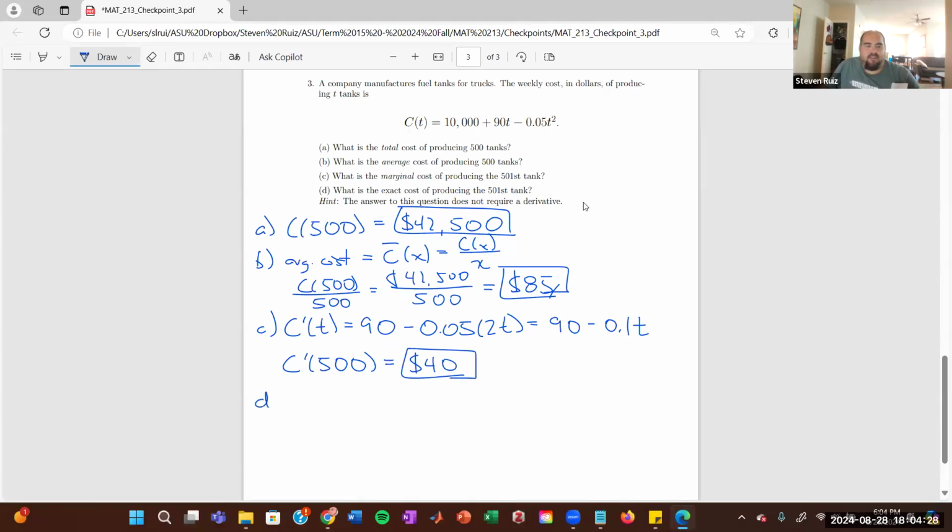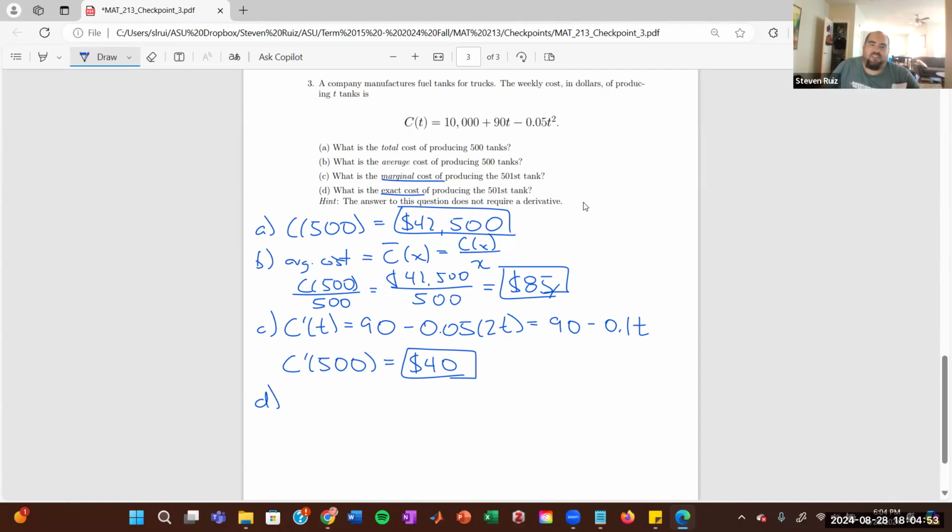Part D is a little bit different, or I mean, the way we're going to find it is very different. Instead of the marginal cost of producing the 501st tank, I want the exact cost. The hint I'm giving you is that the answer to this question does not require a derivative. So how do I find the exact cost of producing the 501st tank? This function does not tell me that directly.